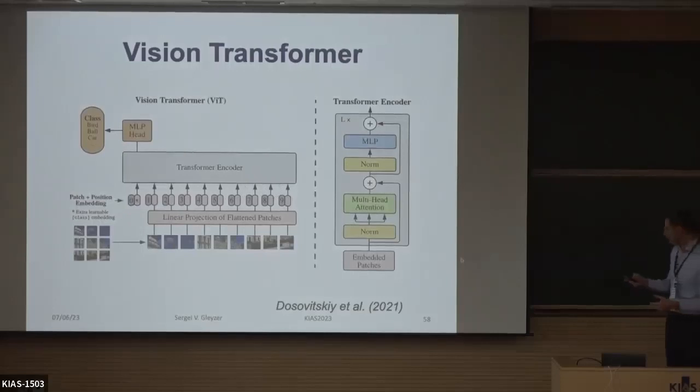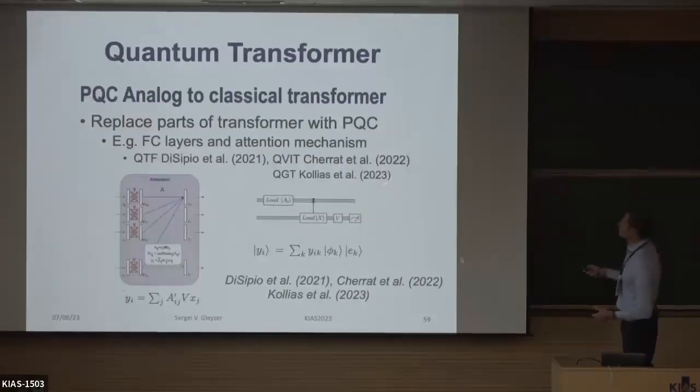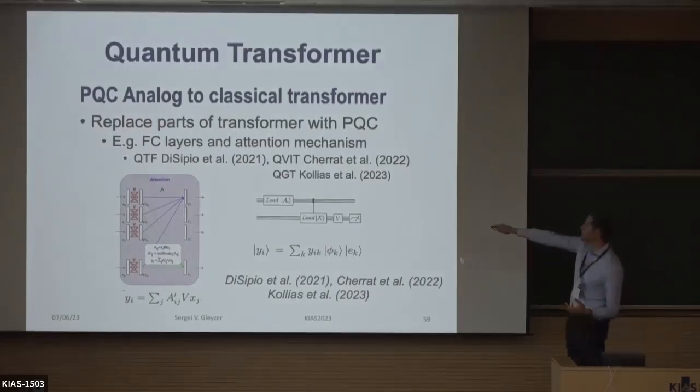The quantum version of this is you replace several parts with a PQC, in particular the fully connected layers that you need in the encoding, but also the attention mechanism. There are multiple papers.